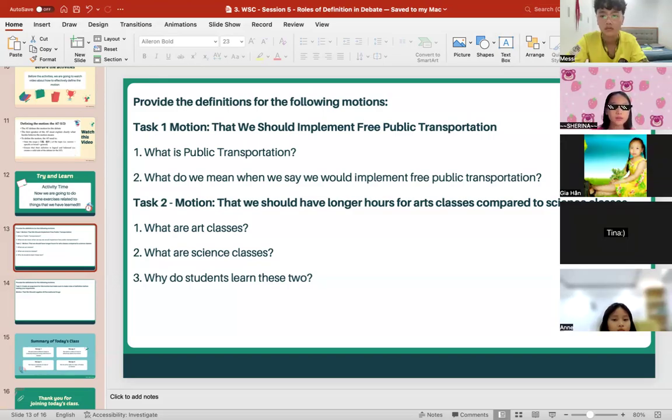So I think that first, why students learn science? Because science helps students understand how the world around them works, from how plants grow to why the sky is blue. It teaches facts about nature and health and technology. And for why students learn art, I think that art allows students to express themselves in creative ways. It helps them think outside the box and explore new ideas and concepts.